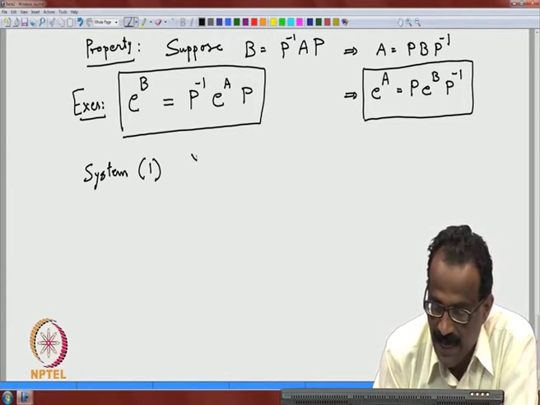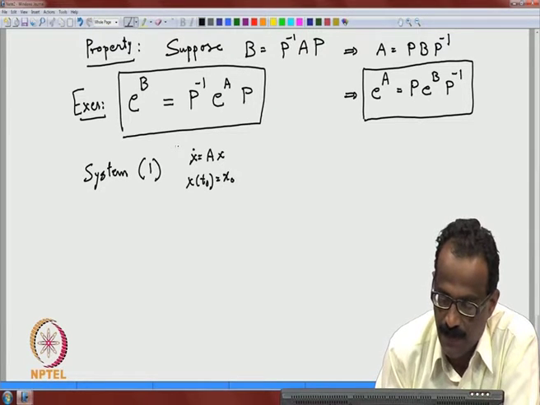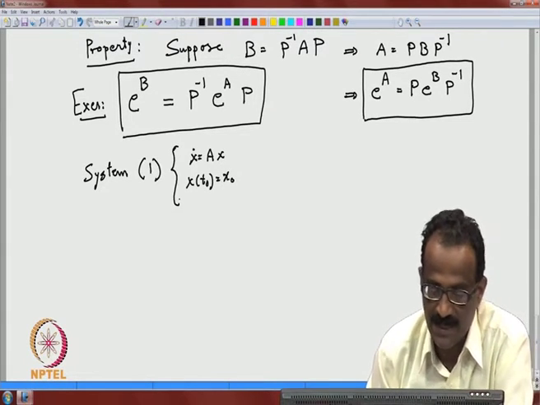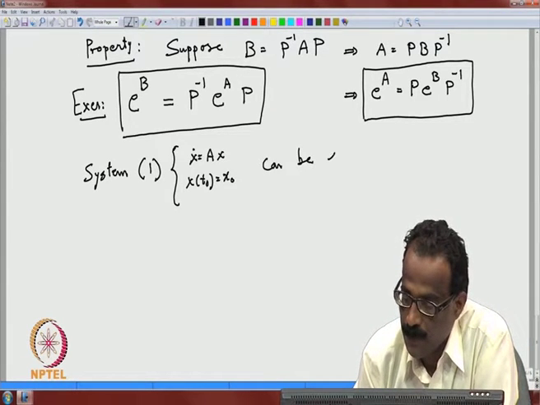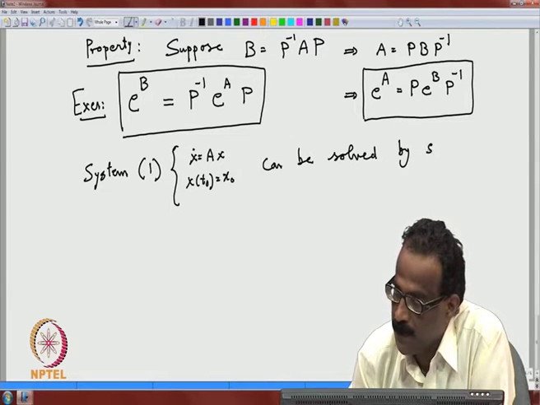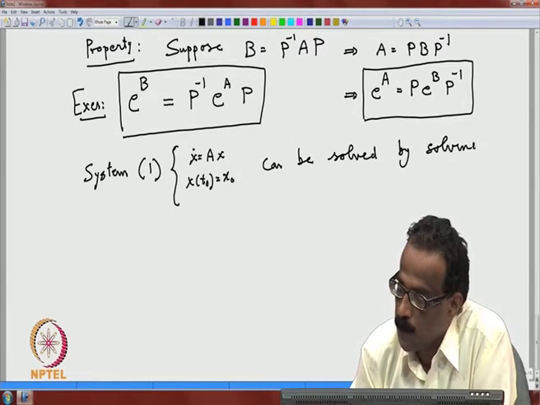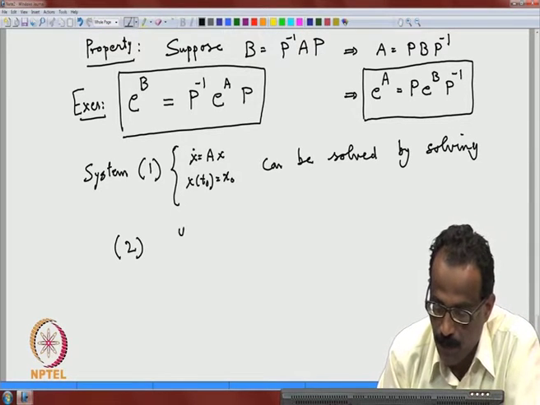System 1 means x dot equal to Ax with x at t naught equal to x naught. This is my system 1. Okay, this is my system 1, can be solved by solving system 2, namely corresponding to B.